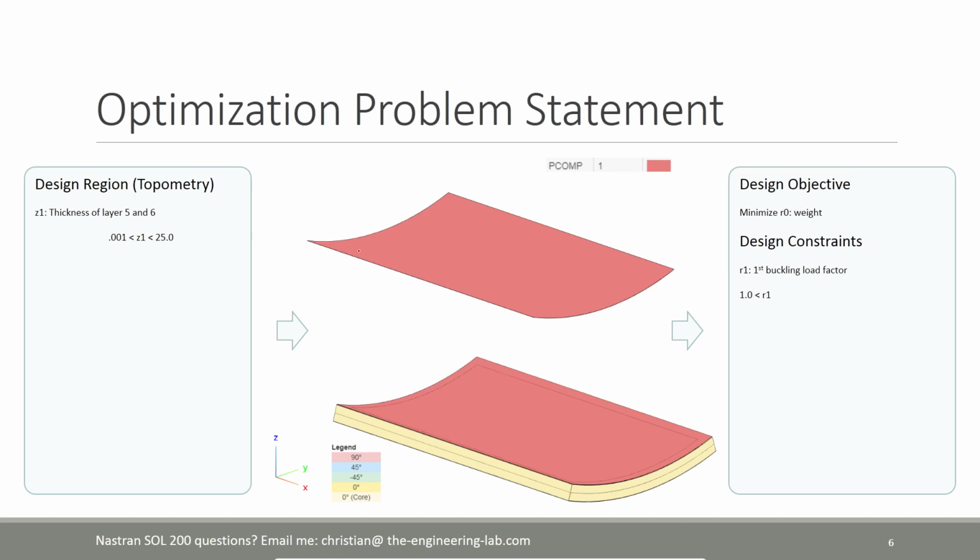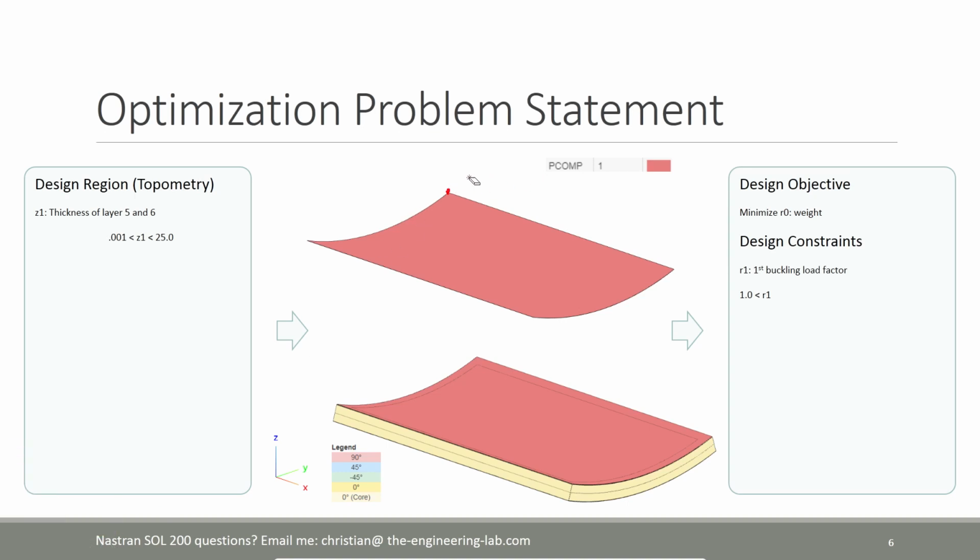But as you continue to evolve your problem statement, you're going to get more and more specific. For example, if you want to constrain the displacement of a point, your problem statement should say, I want to constrain maybe the z component of displacement for grid or node 101. These are the sorts of details that should be included in your problem statement.